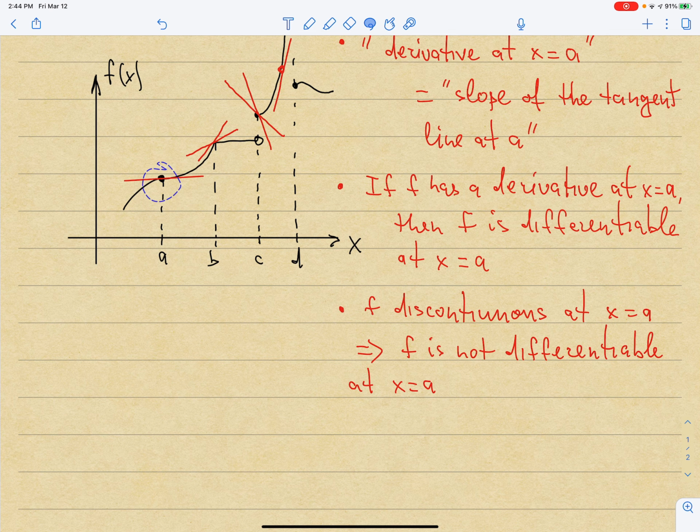But on the other hand, is it true that if a function is continuous, it must be differentiable? Well, it certainly seems so in the highlighted area in the picture. But then if I look at the corner, then my function is not differentiable there. So from this example, we can conjecture that if the function is differentiable, then it must be continuous, but if it is continuous, it does not have to be differentiable.